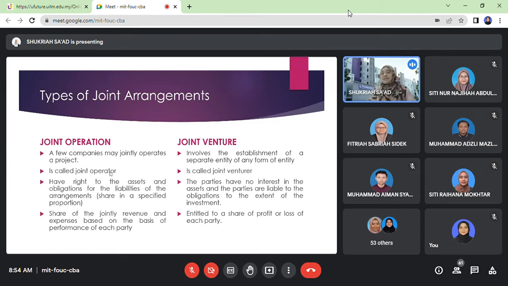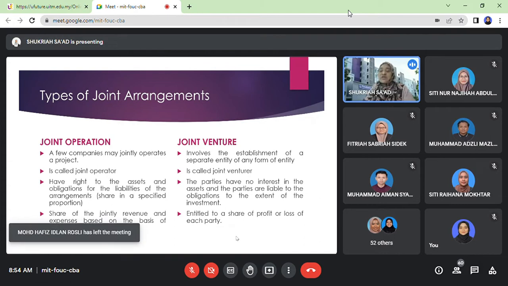They must have a mechanism to measure the performance of each party involved in the joint arrangement. But for joint ventures, the performance measurement is straightforward. They just decide what the profit sharing will be.